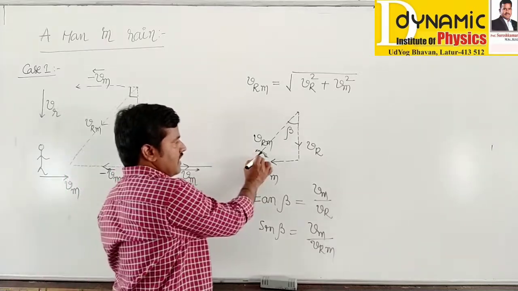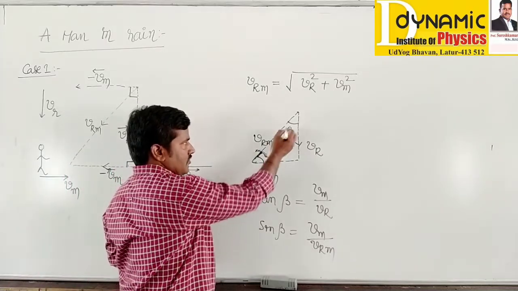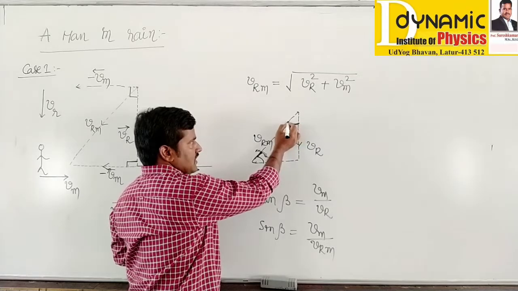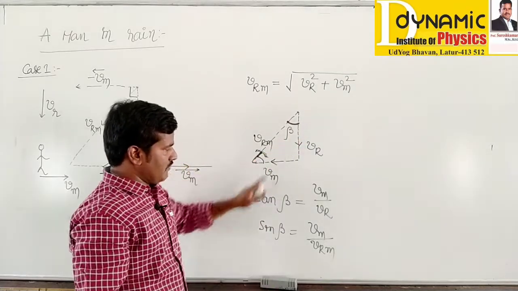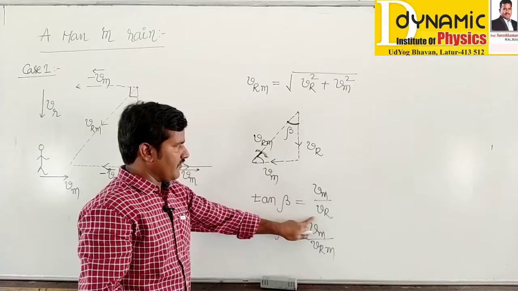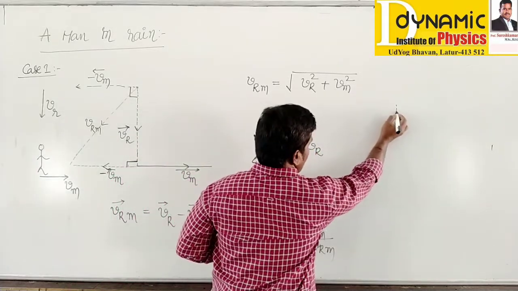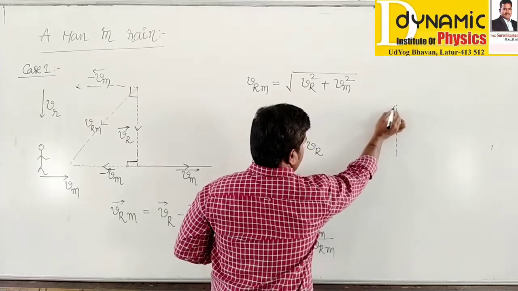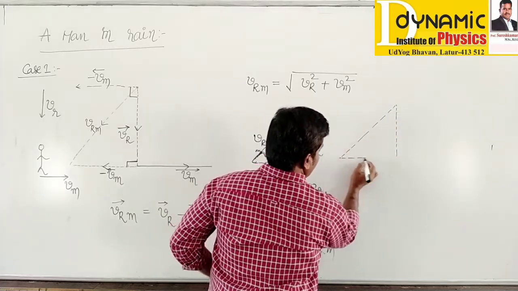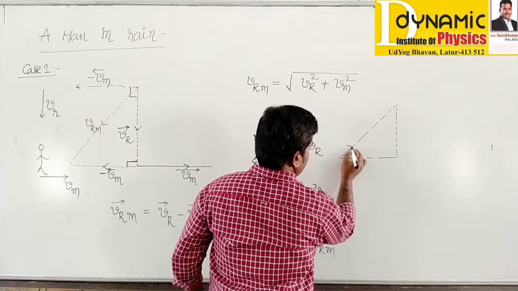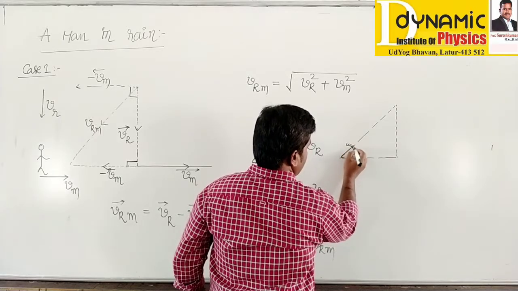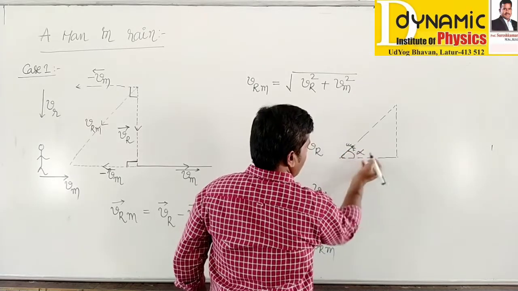Umbrella position: the umbrella is arranged at an angle. With the vertical, this angle is beta, and tan beta equals Vm by Vr. Suppose the angle of the umbrella position with the horizontal is alpha.